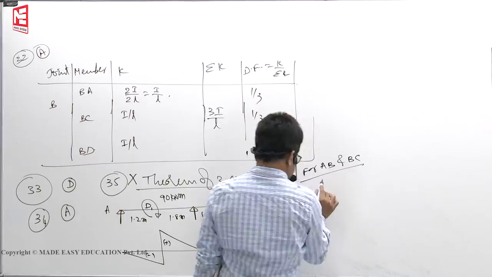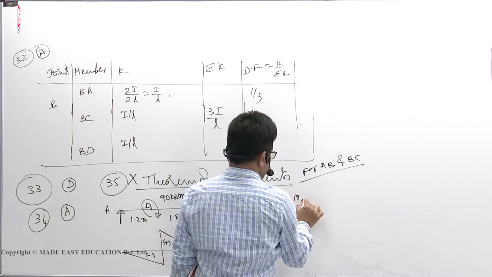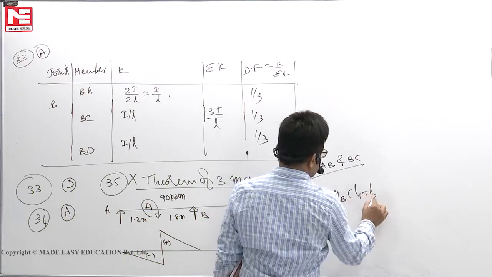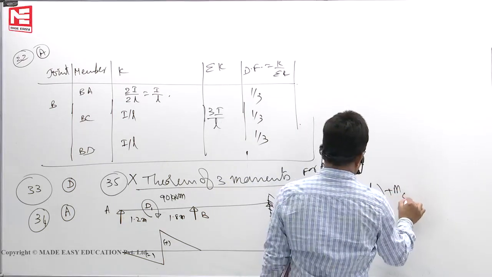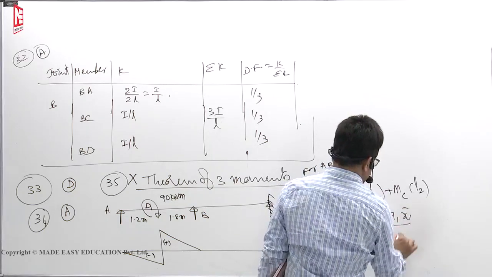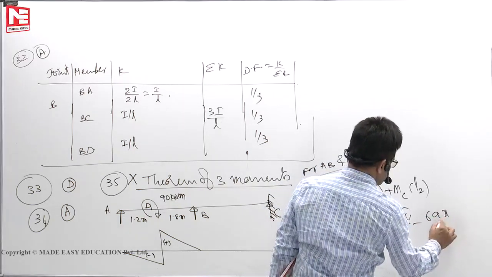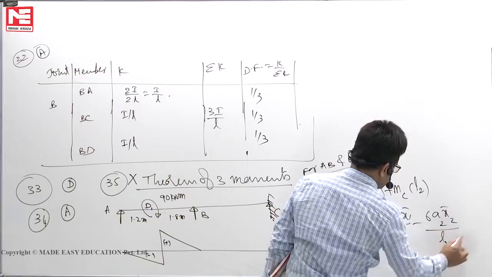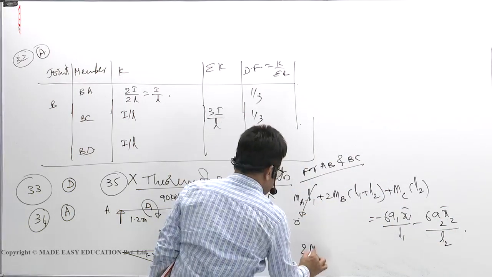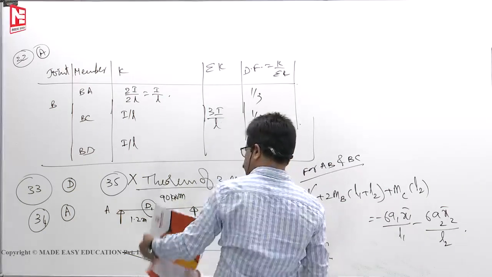So for the span AB and BC, if you write theorem of three moments for AB and BC, it tells you like this: MA into L1 plus 2MB into L1 plus L2 plus MC into L2 is equal to minus 6A1 x1 bar by L1 minus 6A2 x2 bar by L2. MA is 0, remove it. 2MB into L1 plus L2.